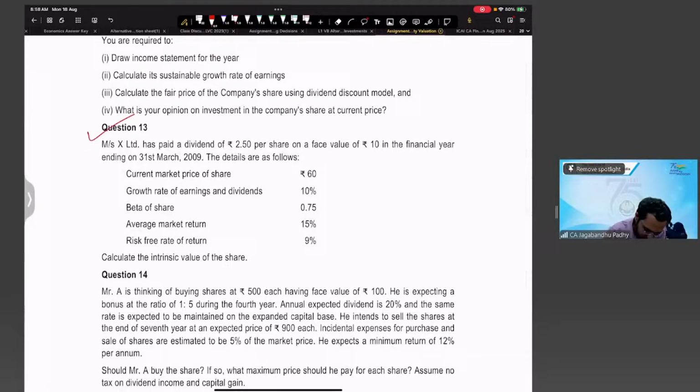Now let's go for the 13th question. Just see if you can solve it quickly. Question 13, guys.